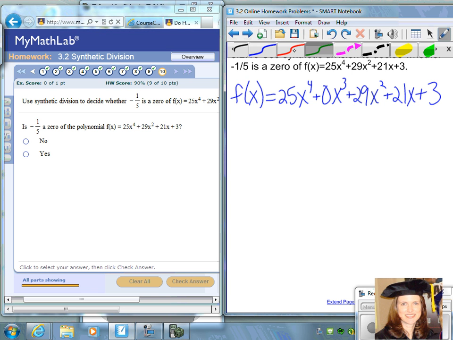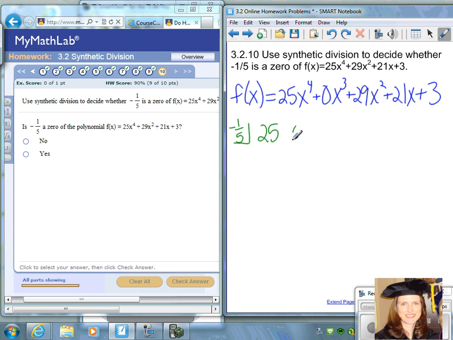In synthetic division, we are going to put a negative 1 over 5 in the box and put the coefficients 25, 0, 29, 21, and positive 3.